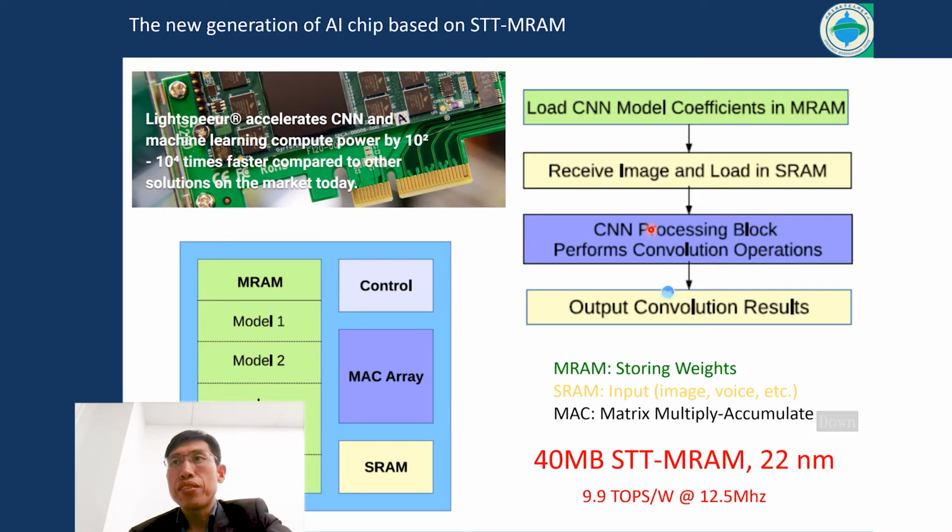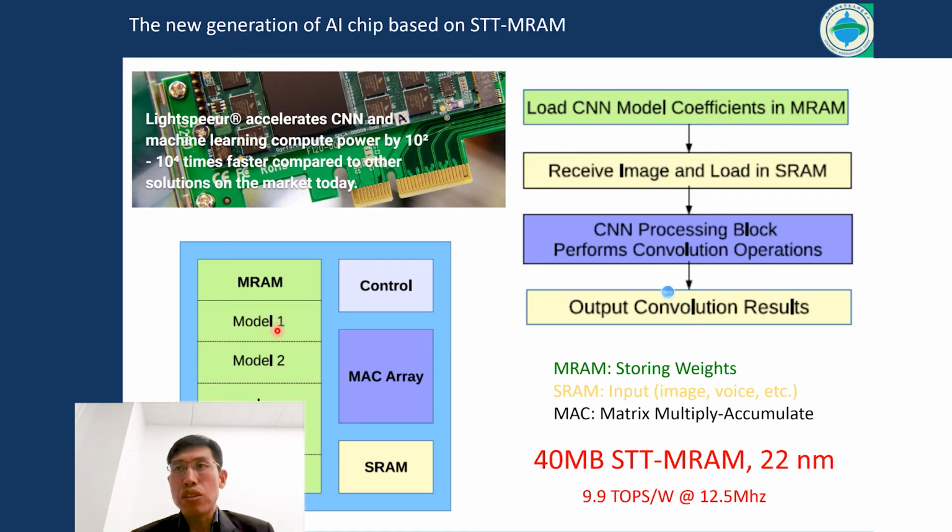Thanks to this embedded MRAM, new AI electronics can be expected. This is an example of using MRAM to store the weights of learning. The learning proceeds in the cloud server, and the calculated weights will be sent to the AI chip in the MRAM module.